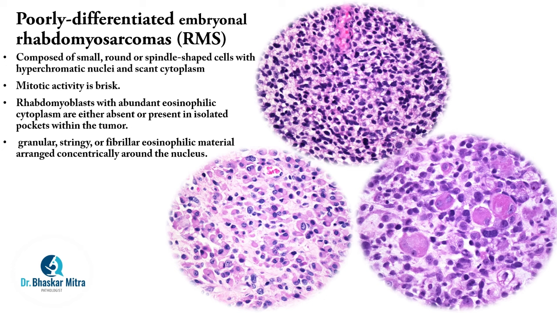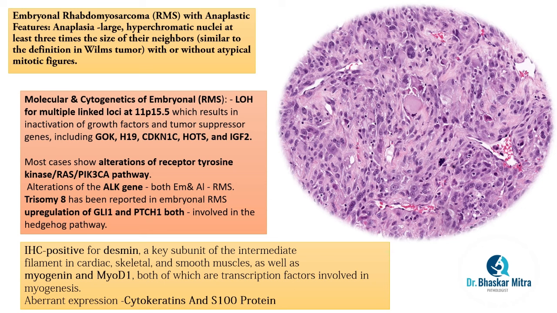In the picture, we can see the large cells, the rhabdomyoblastic cells, everywhere. Again, there may be features of anaplasia at places. Anaplasia means large hyperchromatic nuclei, 3 times the size of the neighbor, as the criteria of the Wilms tumor, with or without atypical mitotic figures.